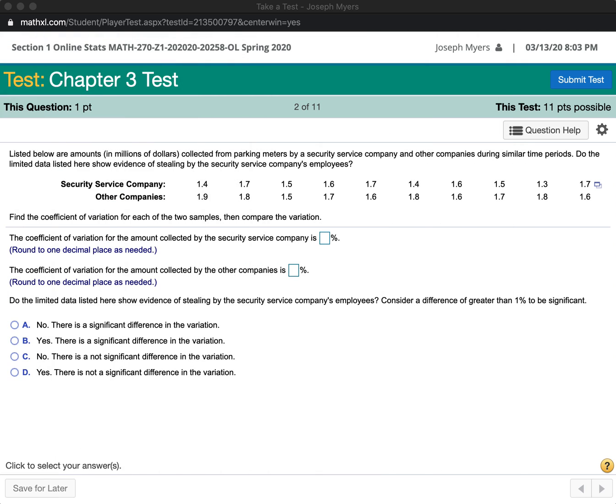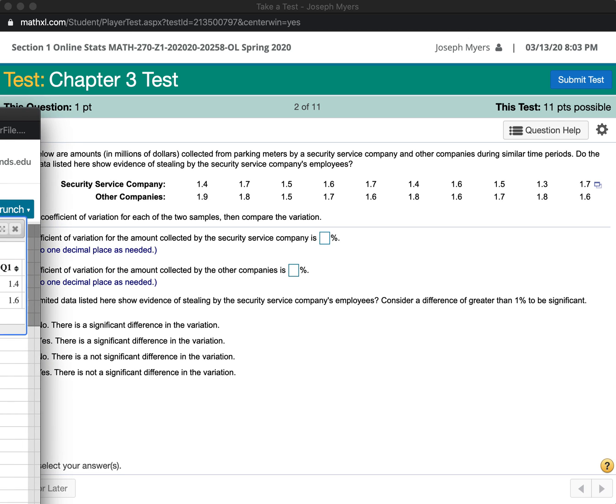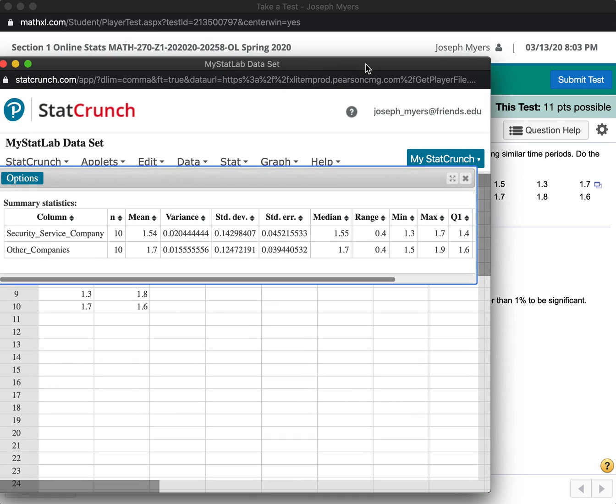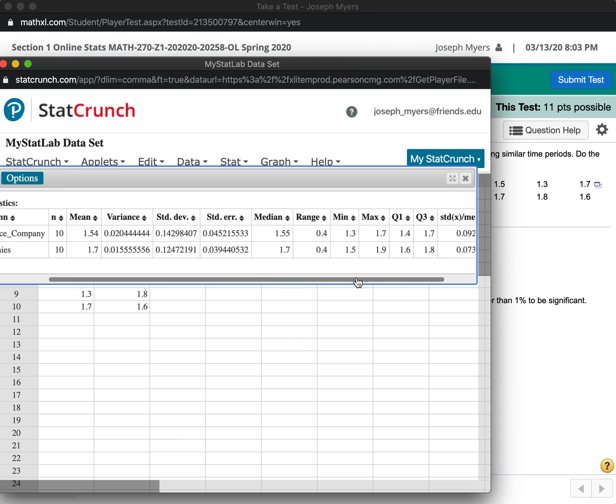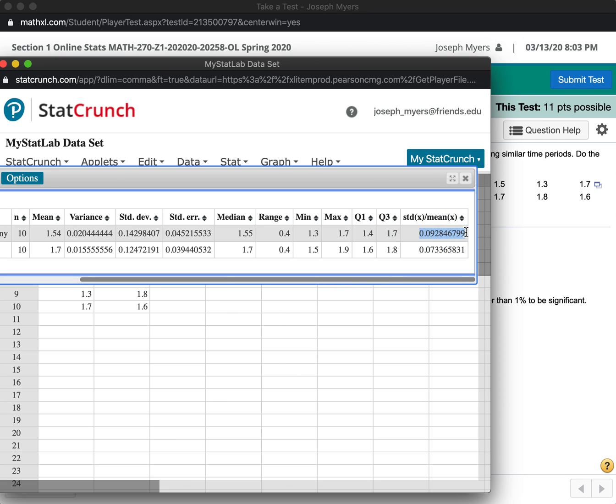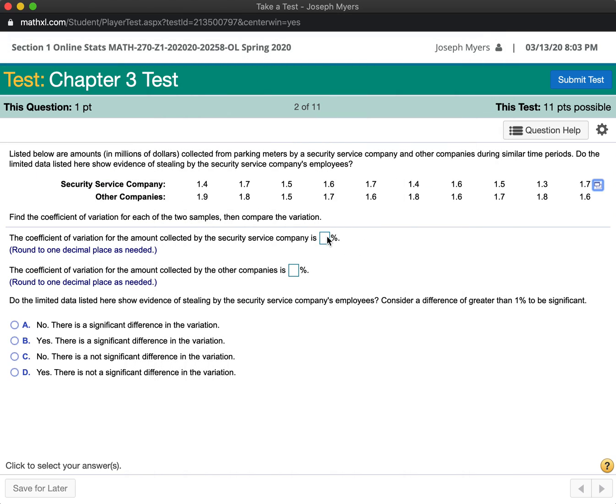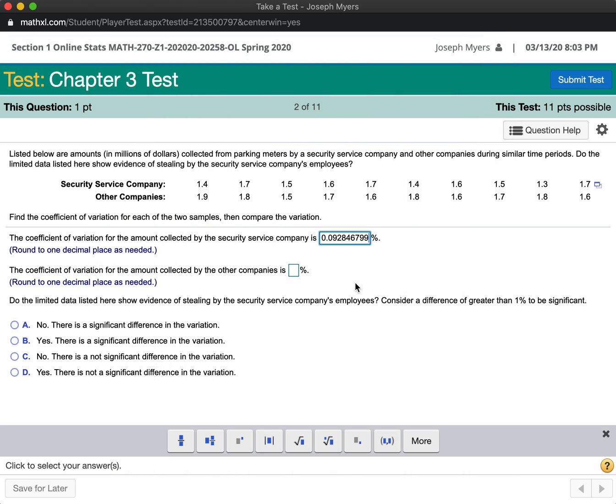So the coefficient of variation for the security service company is this thing we calculated right there, that number, standard deviation divided by the mean. Except we have to change that to a percentage and then use one decimal place.